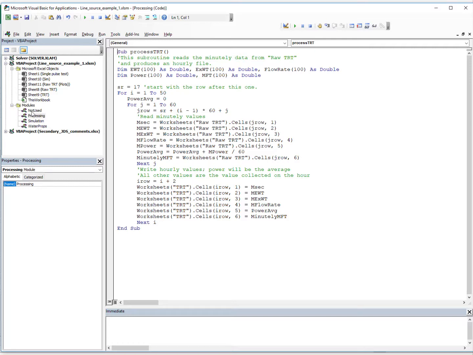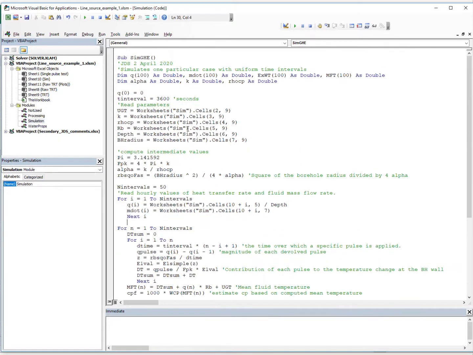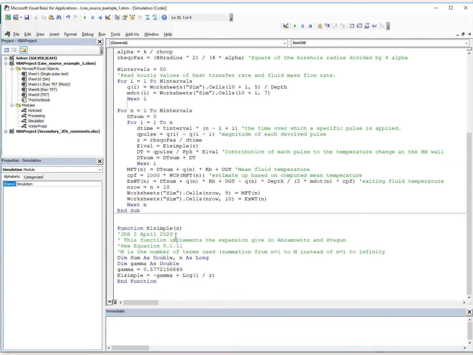Okay, so that was the routine that did the processing. And then the simulation routine, I've already shown you this. We're going to take actually both of these out.